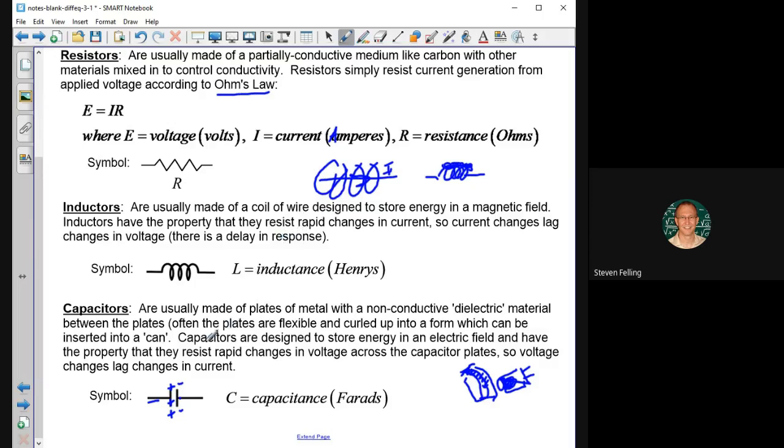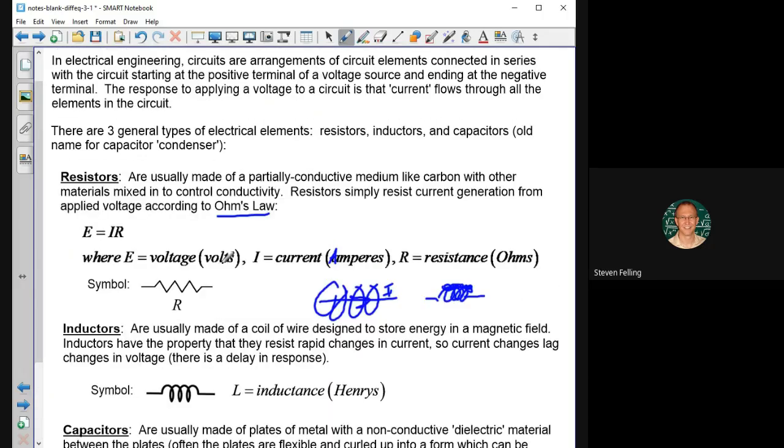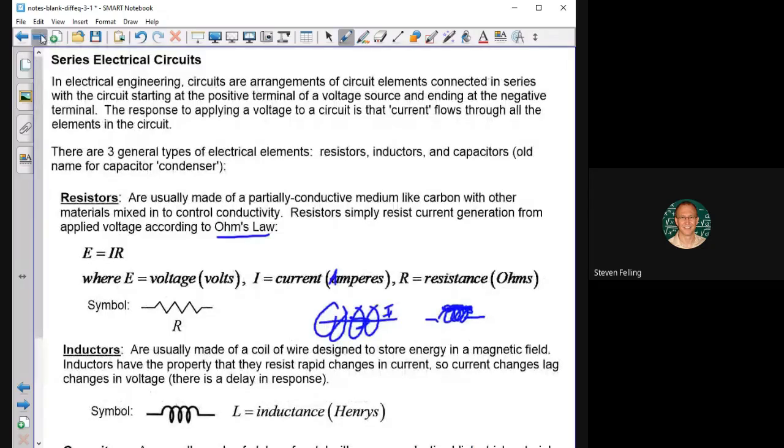They resist rapid changes in voltage for that reason because they have to charge up. So the voltage change actually lags the current. So inductors and capacitance have the ability to change the phase between the current and the voltage in a circuit. All right, we don't need to know all of that to solve these things, but let's talk about how they relate to differential equations.